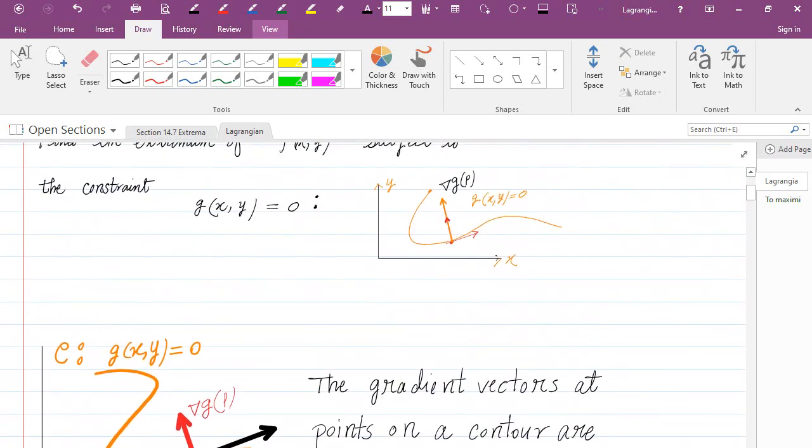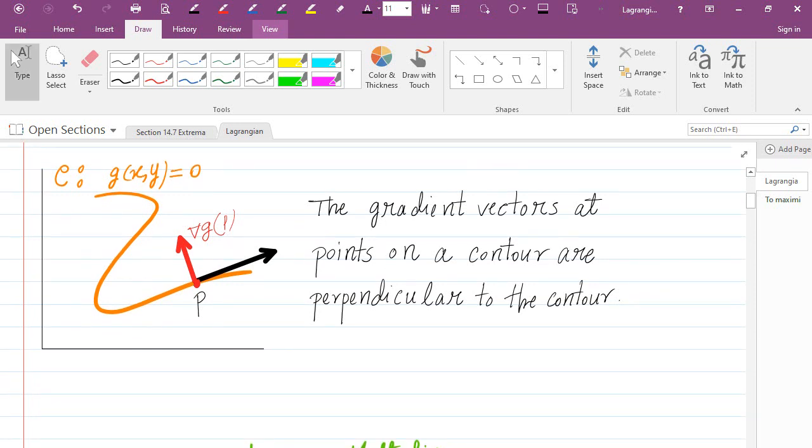To do so, let's first recall something. So g of x y equal to 0, the graph of that is some curve in the plane. I'm calling that C. So this curve here is a contour curve of g. That is, this is a level curve of g of level 0.